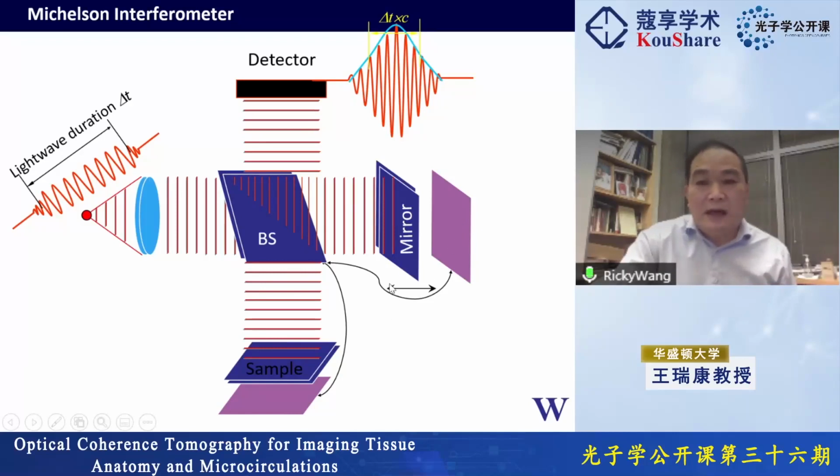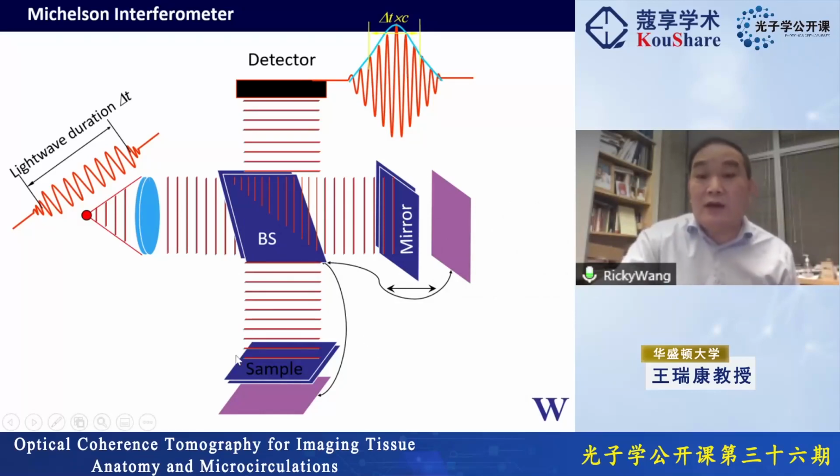And now you just sweep your reference mirror, right? At any time point, you have an optical path length, right? And if this optical path length is matched with a certain echo from the sample, you will see efficient mixing in the detector, right?